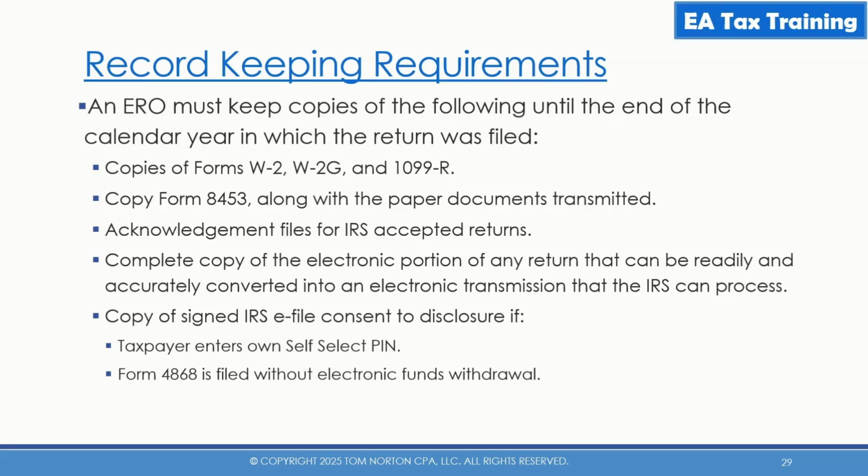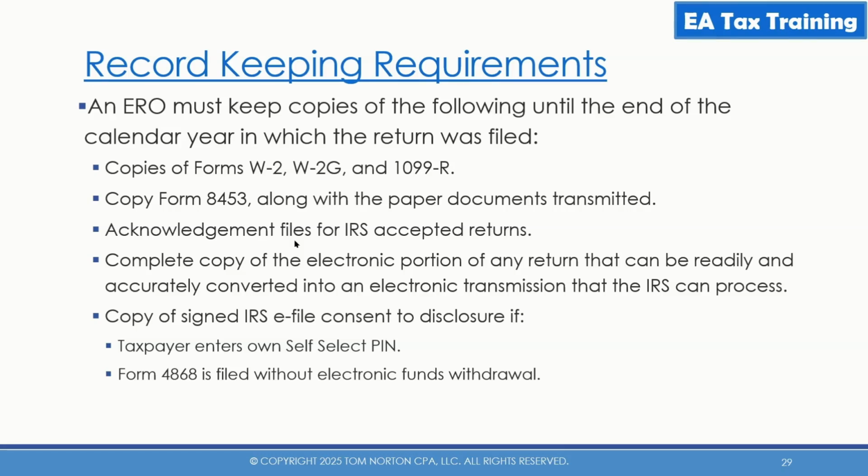So these are the things that need to be kept until the end of the calendar year in which the return was filed. Copies of any forms, W-2, W-2G, 1099-R, copy of that 8453 along with any paper documents that were transmitted, acknowledgement files for IRS accepted returns. So when the return is accepted by the IRS, you will get an acknowledgement back. So you need to keep those files.